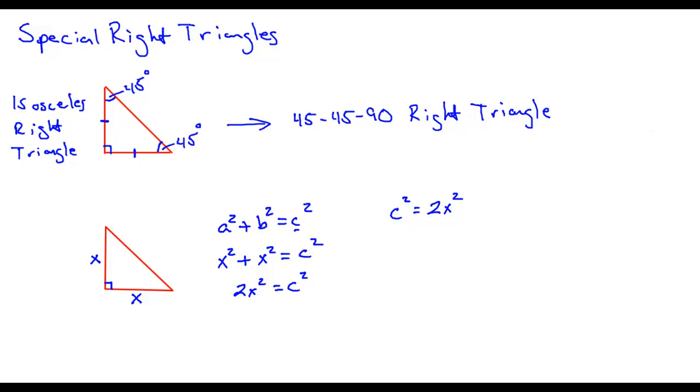Now to find the hypotenuse c, I take the square root of both sides, so c equals the square root of 2x squared.